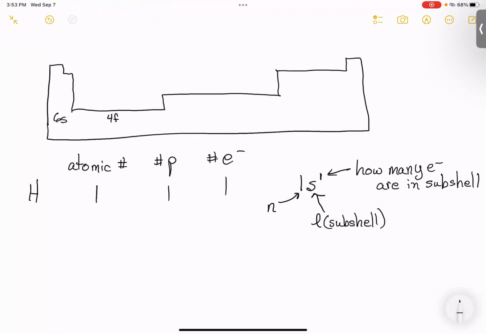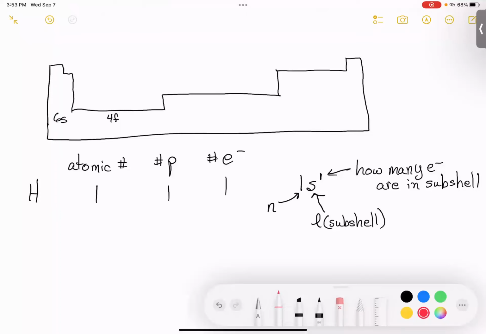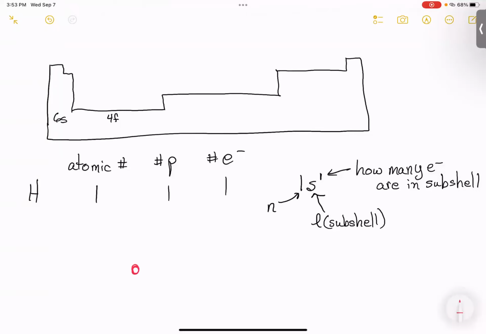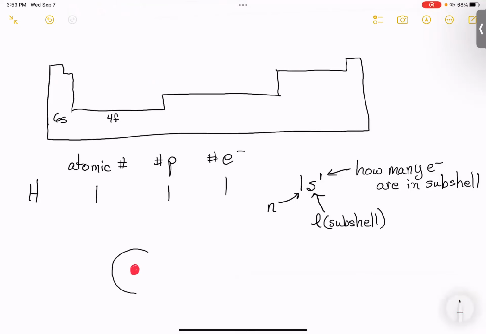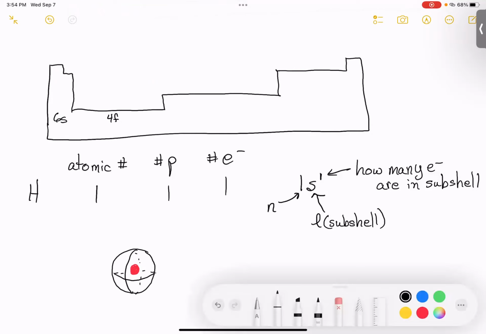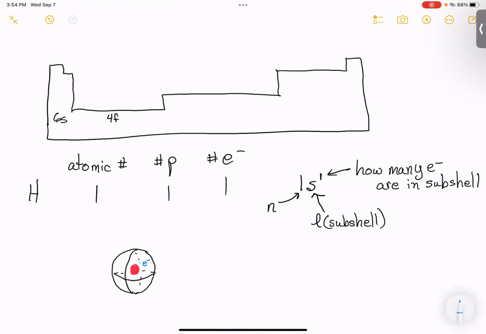So basically, folks, we're saying you have your nucleus. And surrounding that nucleus is the first shell. And it is spherical in nature. And it is in that sphere that you're going to find your electron.